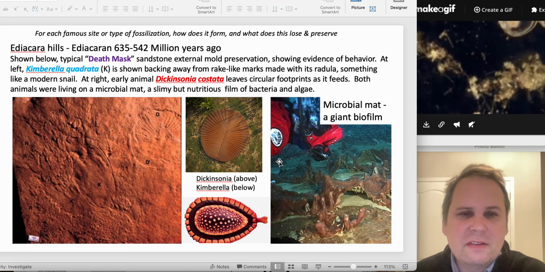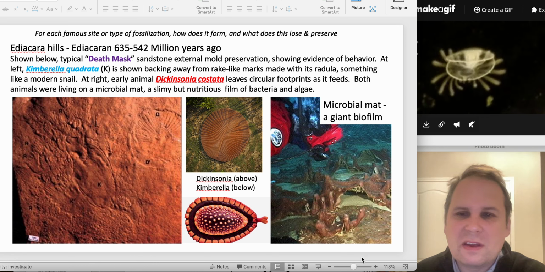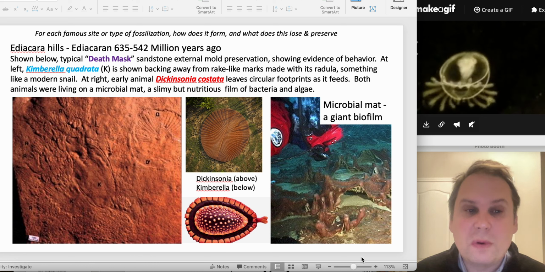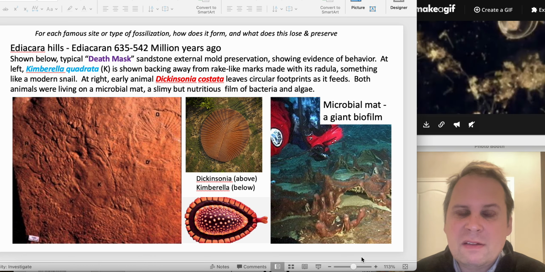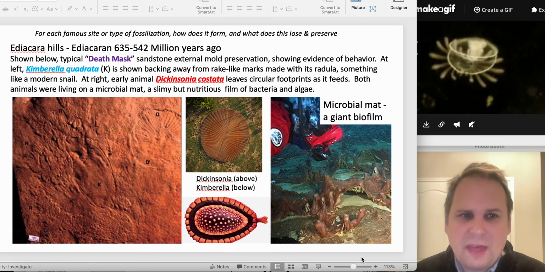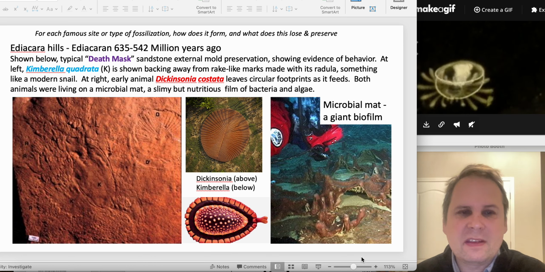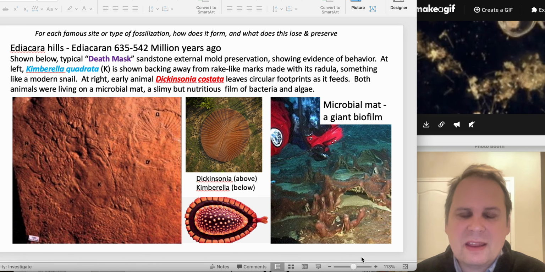So in the Ediacara Hills, microbial mats are thought to be what's covering the ground, basically. This is before there was any real tunneling, burrowing, digging. That transition where organisms start to bury themselves, that marks the beginning of the Cambrian.